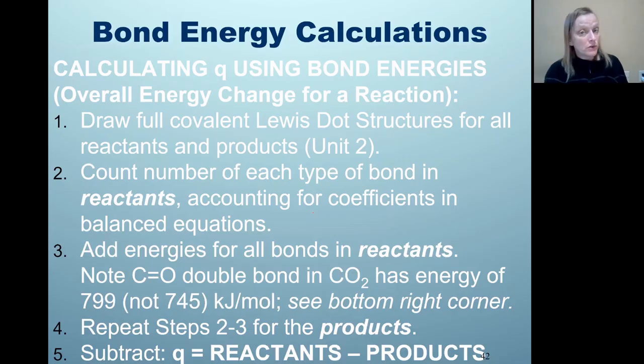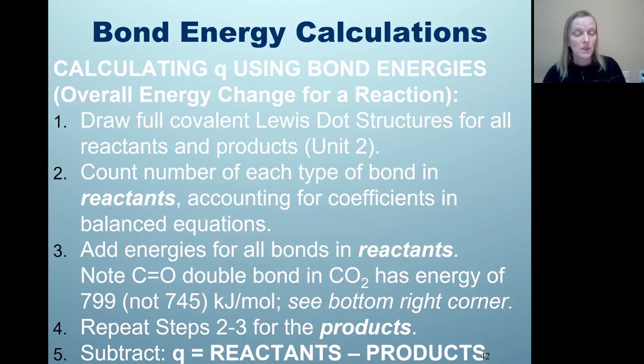We learned how to do this in Unit 2, but basically you're going to need to count each type of bond that you have, and so drawing the full covalent Lewis dot structure is helpful for counting those up. So you have to count the number of each type of bond in the reactants, starting on the left side of the chemical equation. You need to also account for the coefficients in the balanced equation.